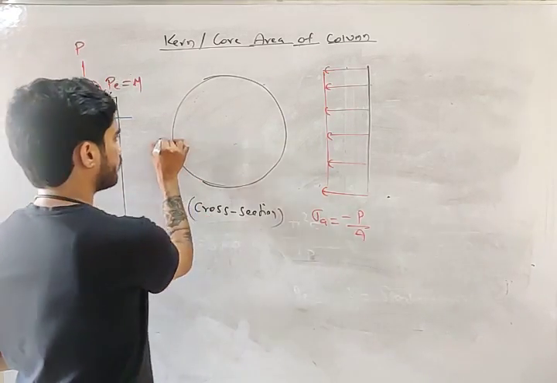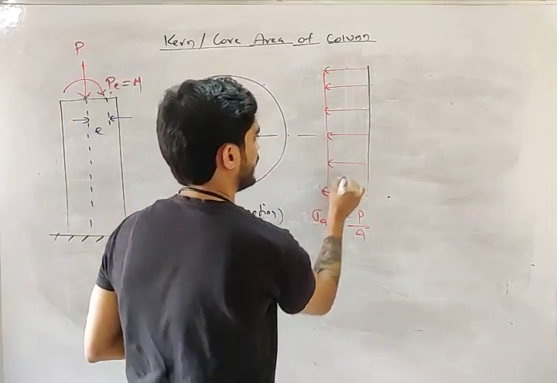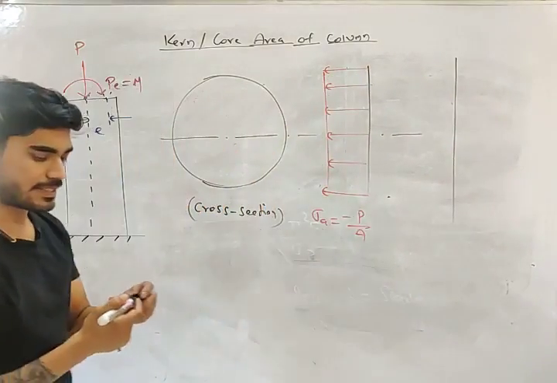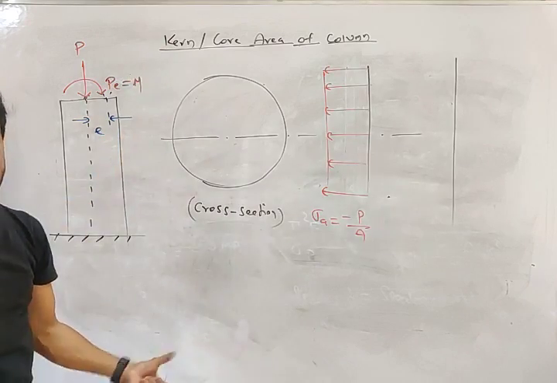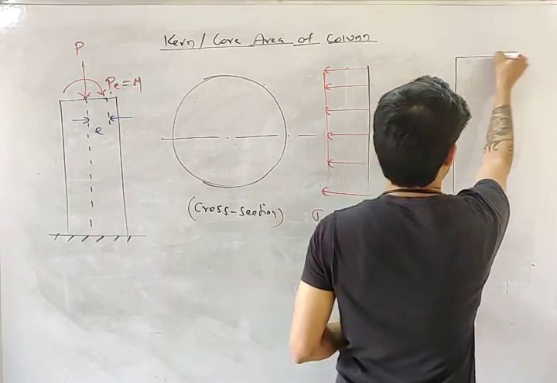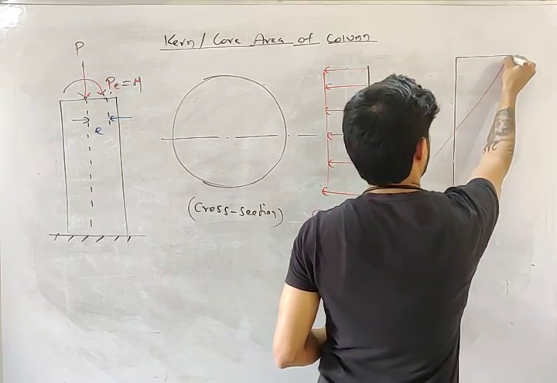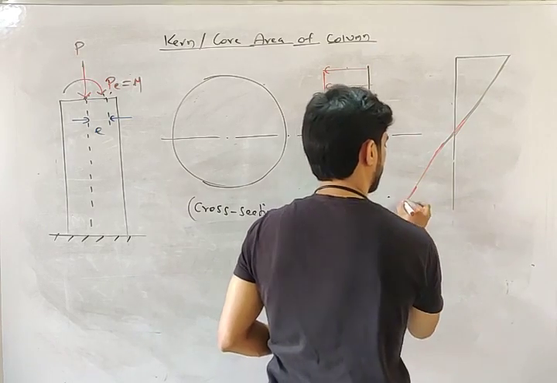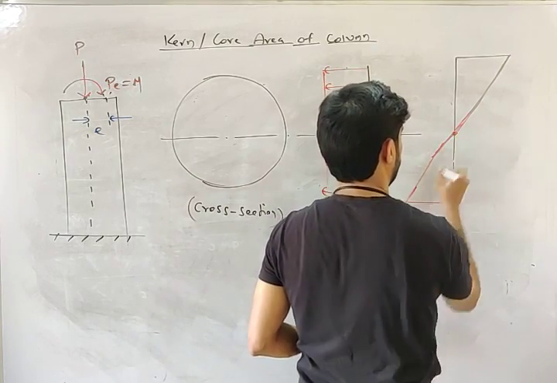Now, my friend, there will be a bending stress also. But the bending stress will not be completely tensile or completely compressive. In half of the cross section it will be tensile, and in the other half it will be compressive. The neutral axis will be at the center.